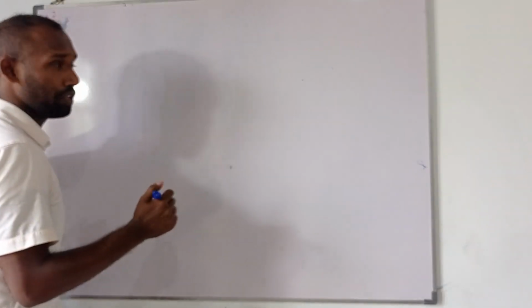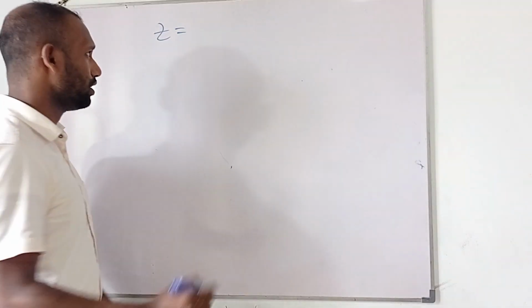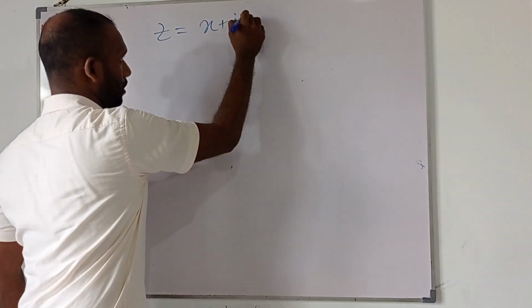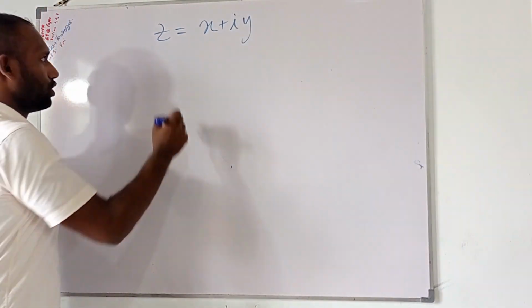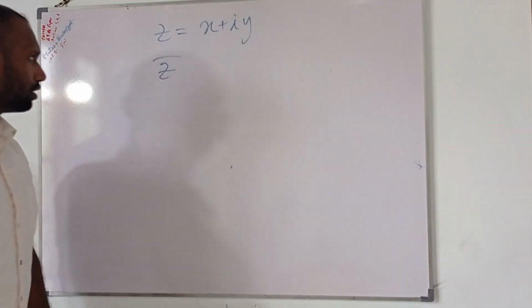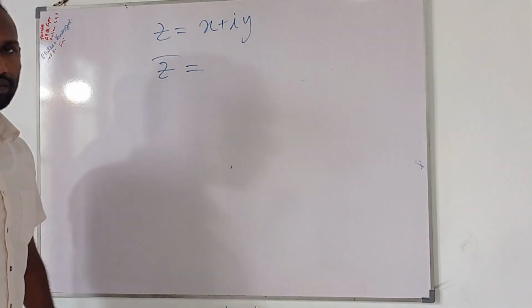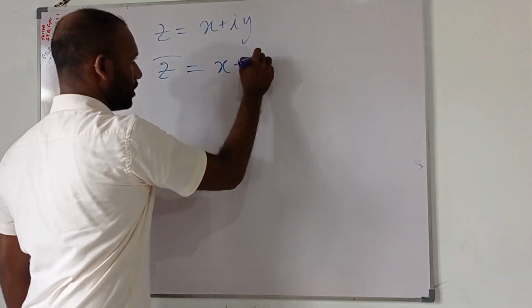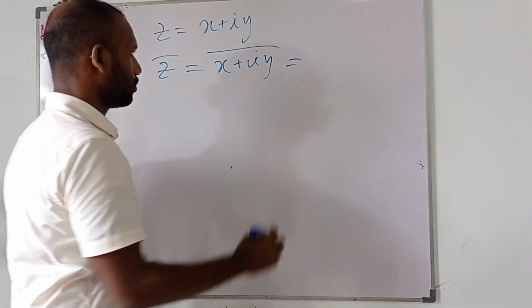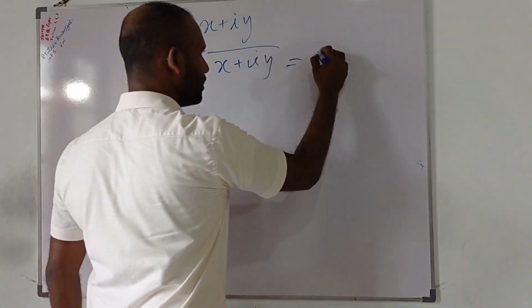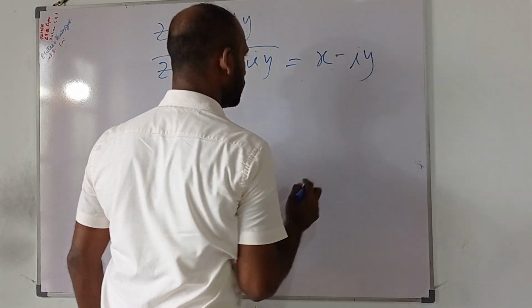So we know that z is any complex number equal to x plus iy. So the bar of z equals x plus iy whole term bar. So we write this as x minus iy.